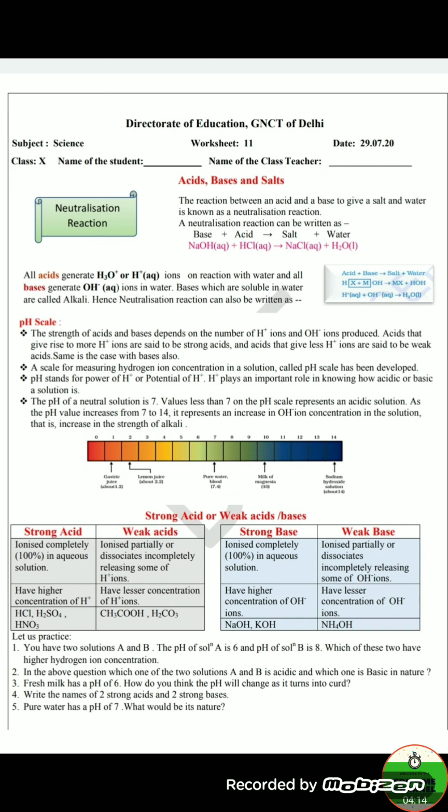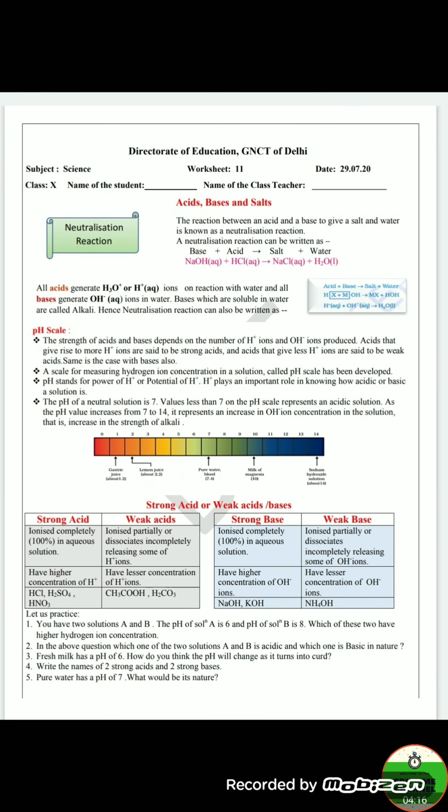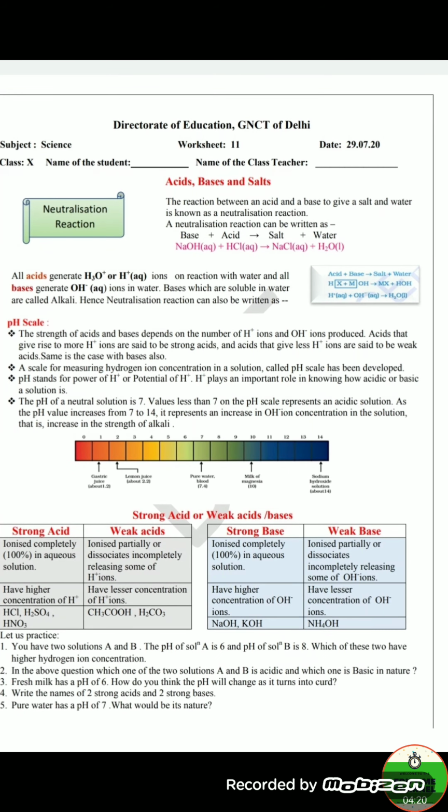Acids that give rise to more H plus ions are said to be strong acids. That means those acids which have more concentration of H plus ions are called strong acids, and acids which have less H plus ions are called weak acids.